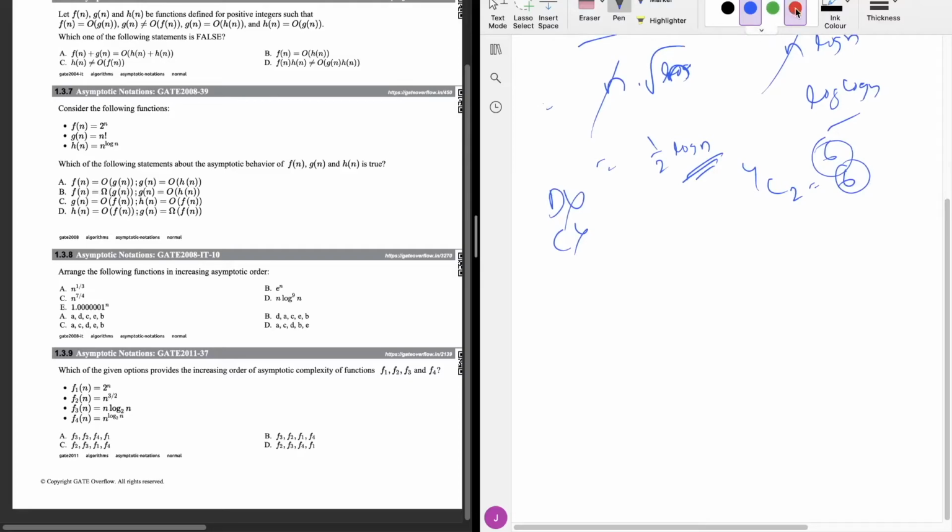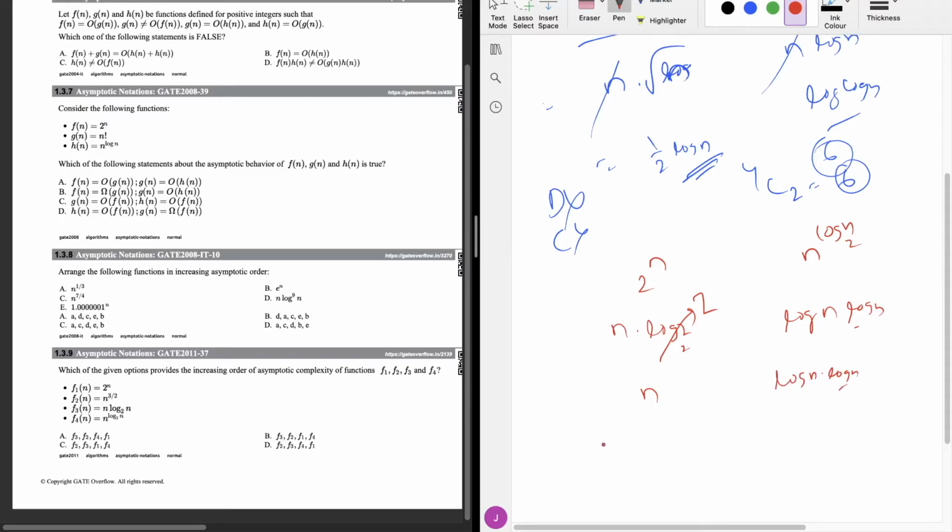So let's compare f1 and f4. f1 is 2 power n, and f4 is n power log n base 2. Again, I have no idea which one is greater, so I will blindly apply the logarithm here. By applying logarithm, I get n into log 2, where the base is 2, so this converts to 1. So I get n here, and here I get log n into log n.